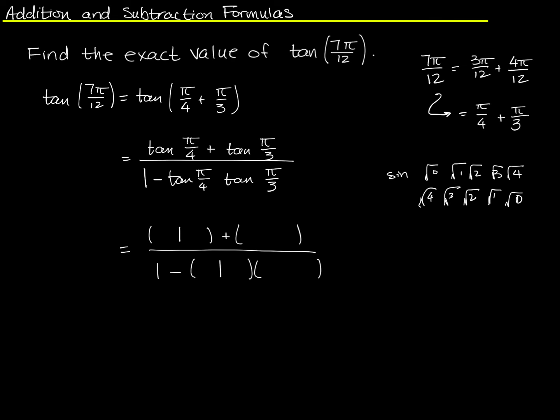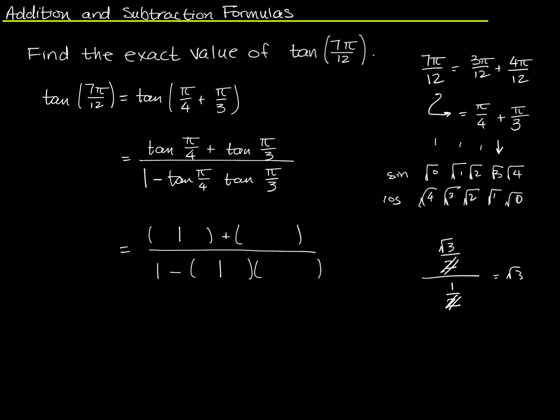Pi over 3 is, let's see, that's 0, pi over 6, pi over 4, pi over 3. So it's this column here, and I'm looking for the tangent. So I go down this column, I want the sine over the cosine. So it's the square root of 3 over 2 over the square root of 1 over 2. And then the 2's, because they're the same, cancel. So it's root 3. So that's what goes in here.